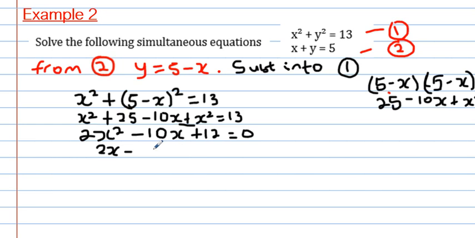Make sure when you're solving a quadratic equation, you always equate it to 0. Okay? So we have 2x minus 4 and you have x minus 3 equal to 0.